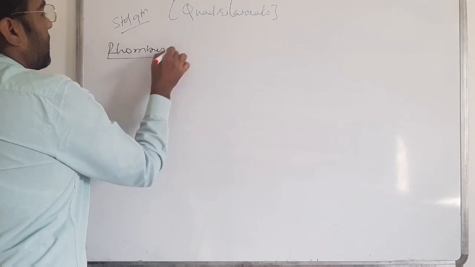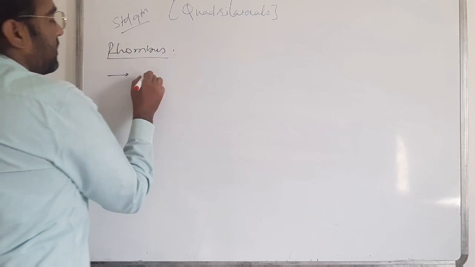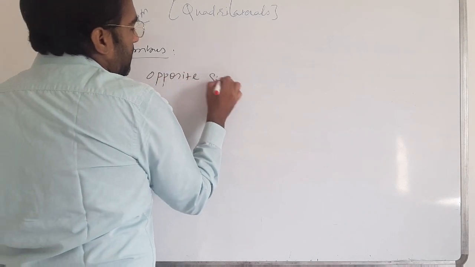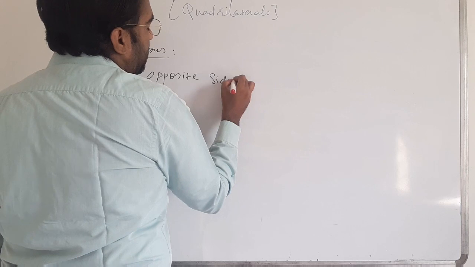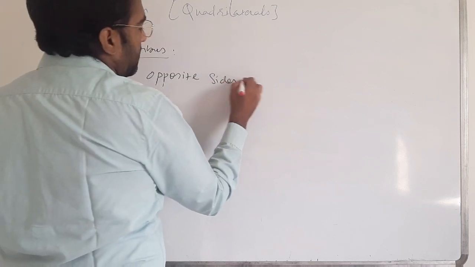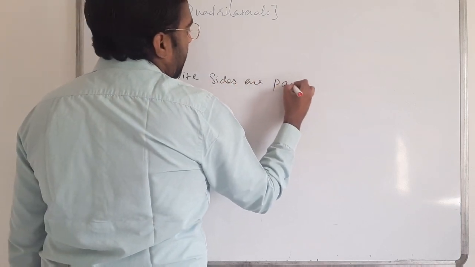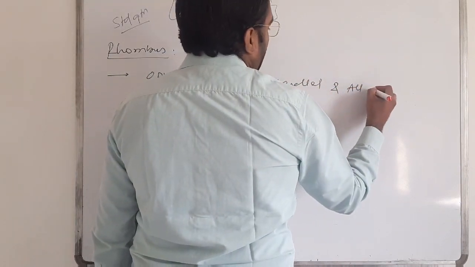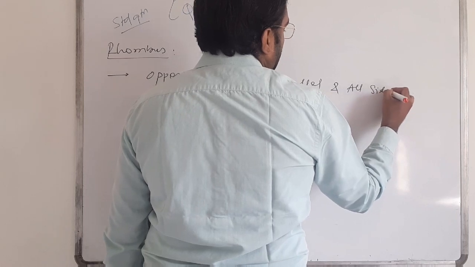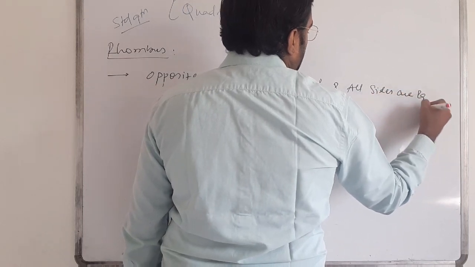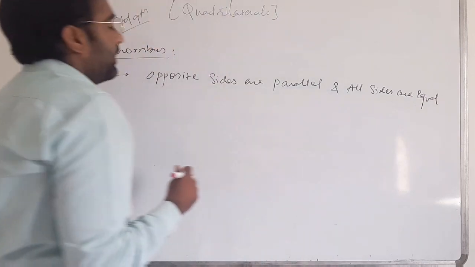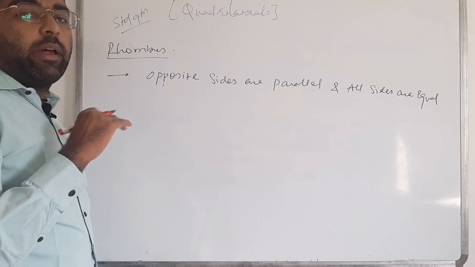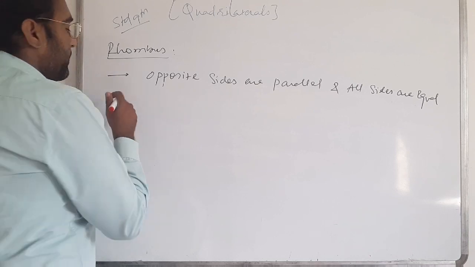In a rhombus, opposite sides are parallel and all sides are equal to each other.